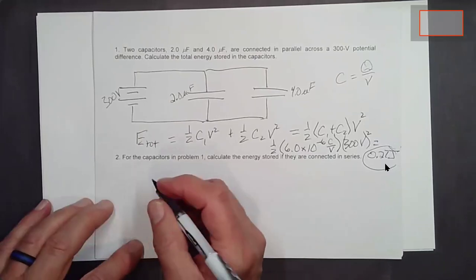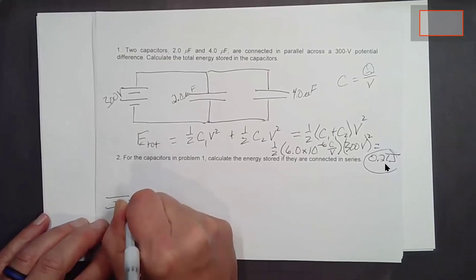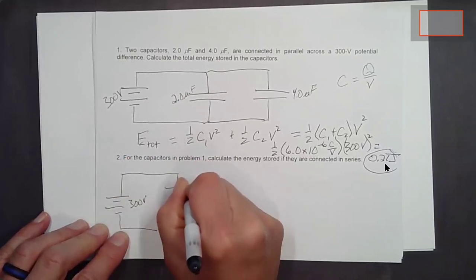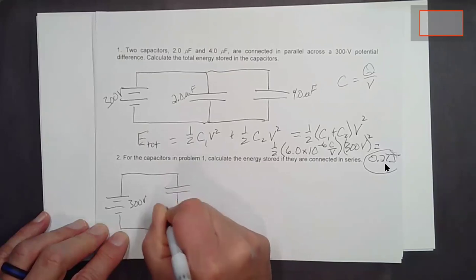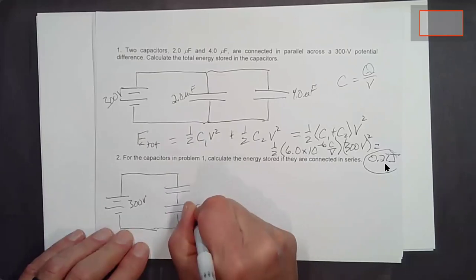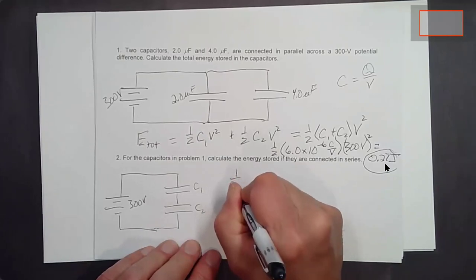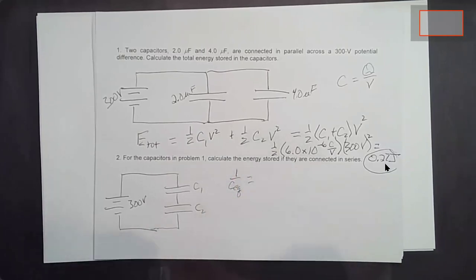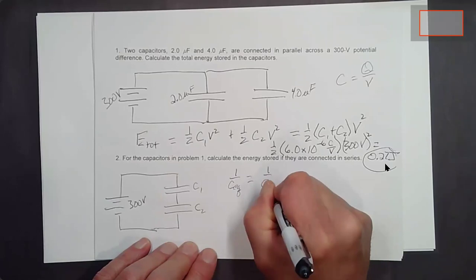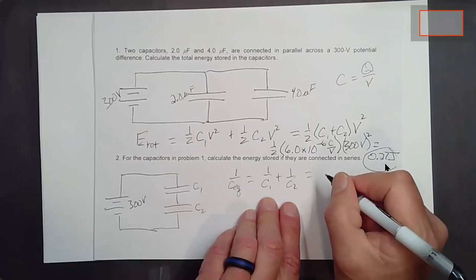Now, for the capacitors in that problem, calculate the energy stored if they're connected in series. So, connected in series, we'd have the 300 volts here, potential difference. And here's C2, here's C1. But remember, 1 over C equivalent is equal to 1 over C1 plus 1 over C2, which is, I get a common denominator of C1 C2.